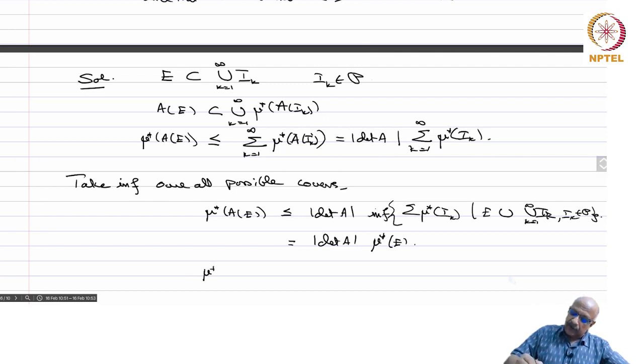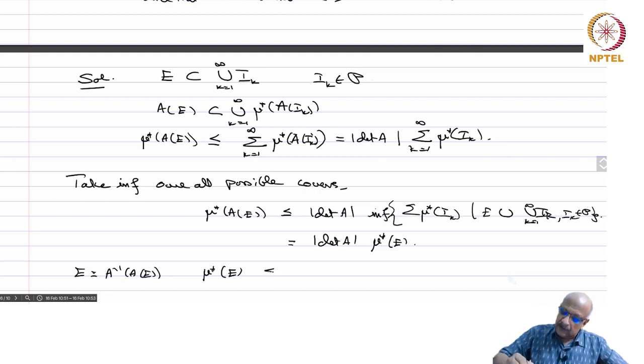So for mu star of E, E is nothing but A inverse of AE.